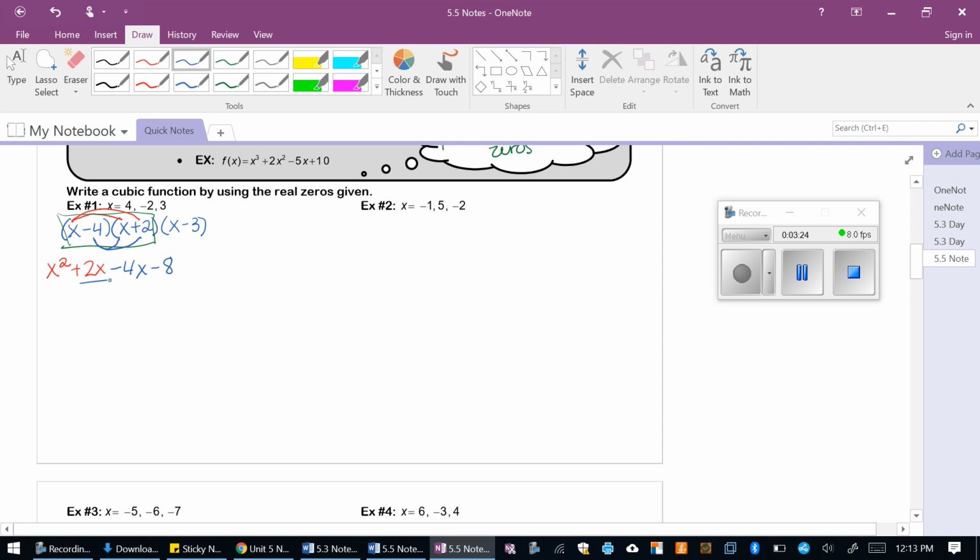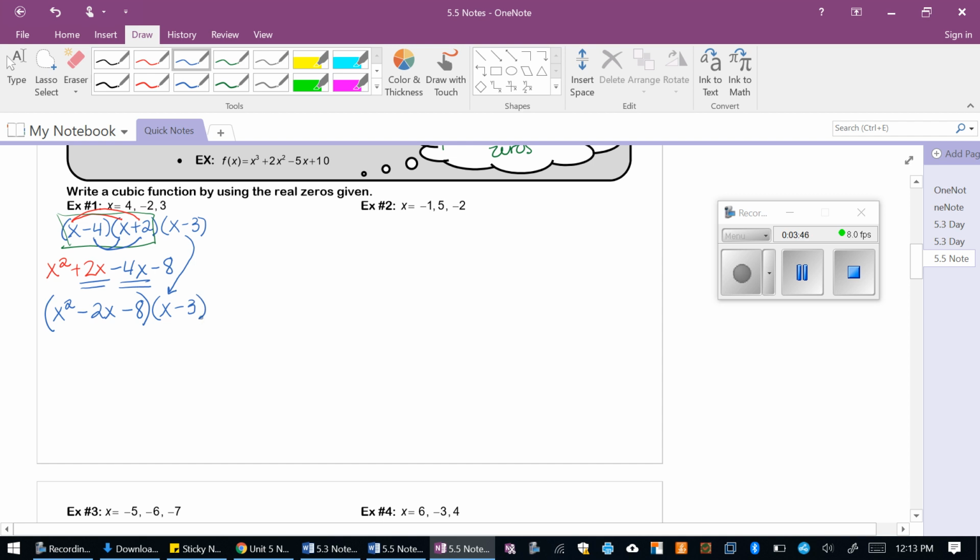Then we combine like terms. So we have x squared minus 2x minus 8. We throw a set of parentheses around that trinomial, and then drop down that other factor. Don't forget that. That's common.